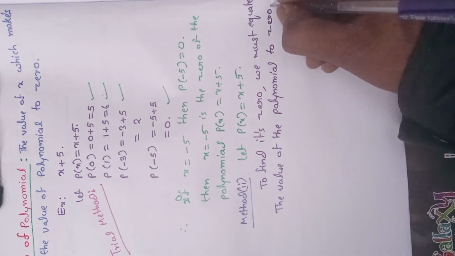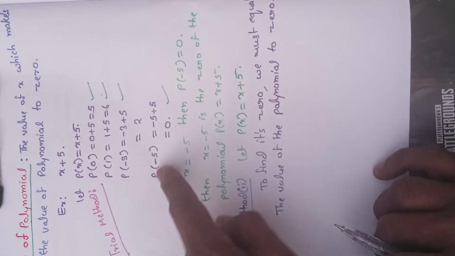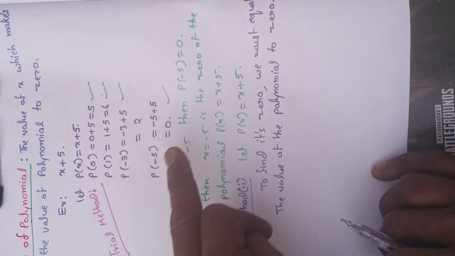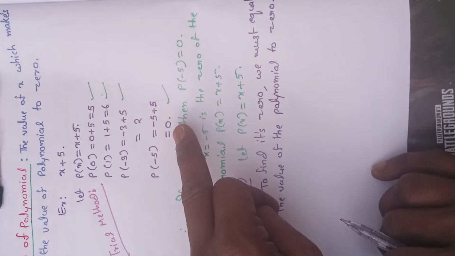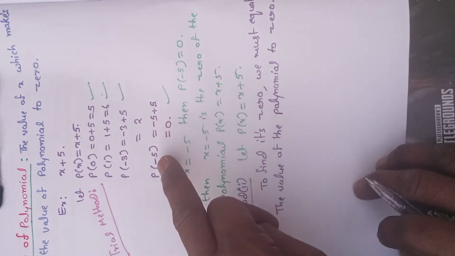So why are we equating to 0? Whenever you want to find the 0 of the polynomial, the value of the polynomial must be 0. So in this case, firstly we are equating the value of the polynomial to 0 such that we can find the value of x here.